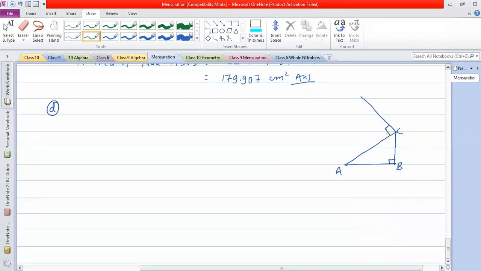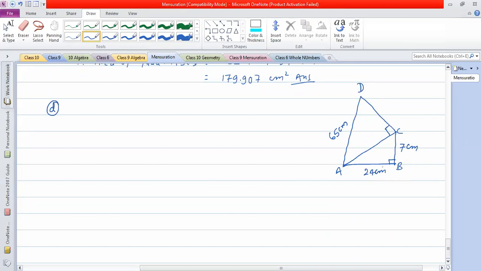Okay, here is 90 degree, and these 2 points are being joined. Here is point D, and it is given 65 centimeter. It is given 24 centimeter, and it is given 7 centimeter. Here also it is an irregular quadrilateral. We don't have any definite shape here.